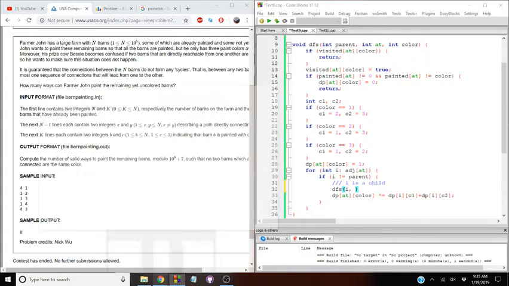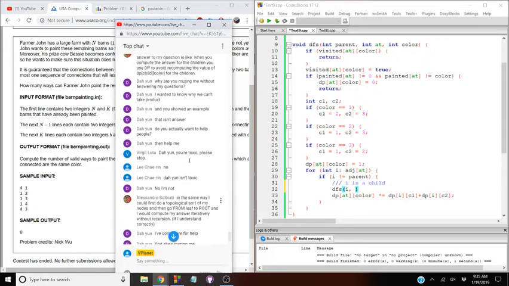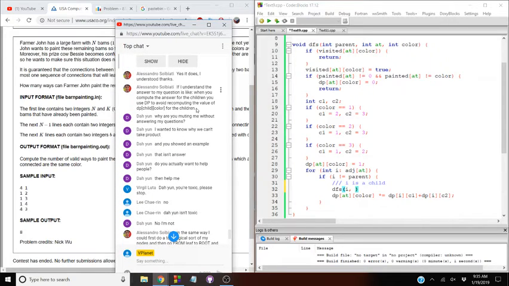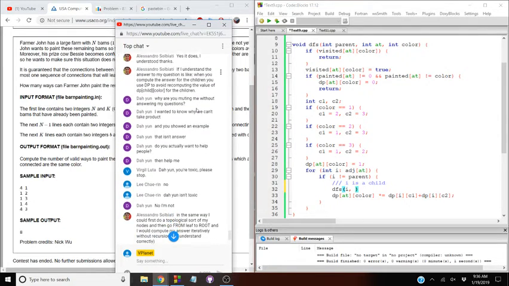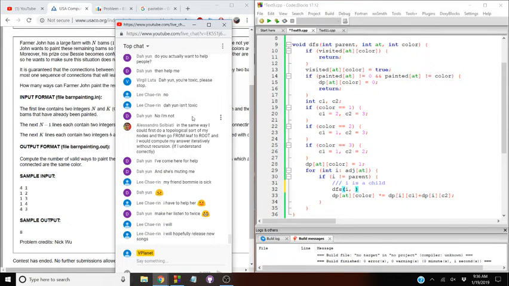Oh yeah, I answered someone's question and I asked if they have follow-ups. Let me see. Yes, you can do the answer iteratively instead of recursively, and I said you could do a DFS ordering, which is basically a topological sort.